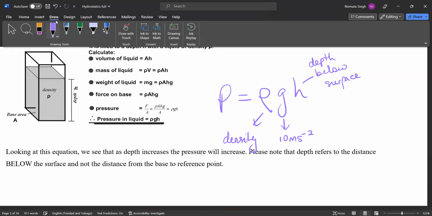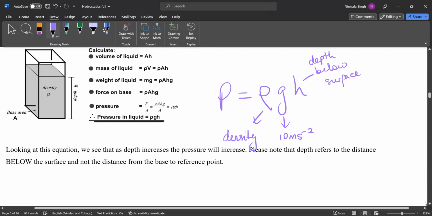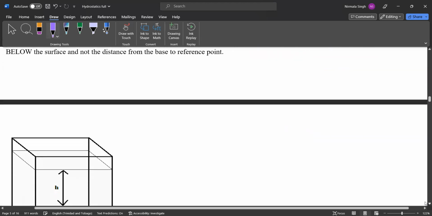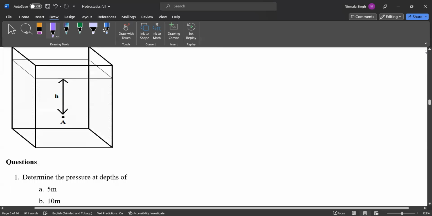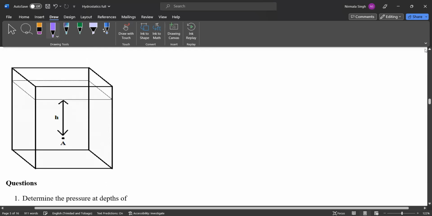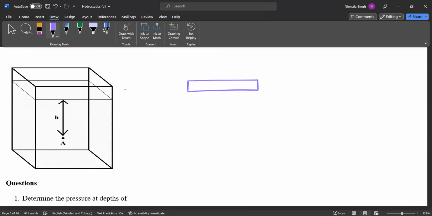Now, why is this happening? Let's think about this from common sense. I have a diagram. If I have a small amount of water, let's say a small tray of water, about 20 centimeters by 10 centimeters, no, let's say 30.